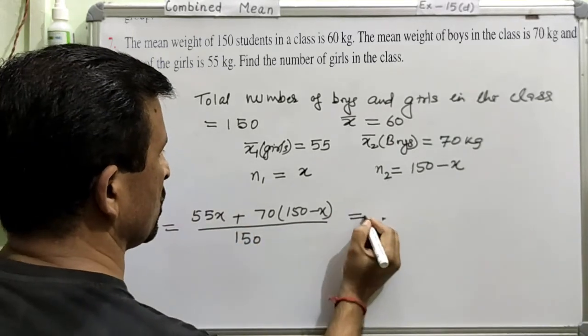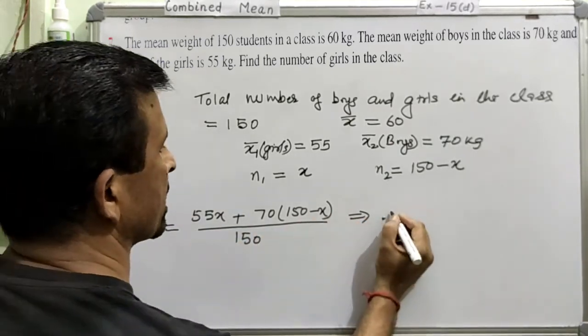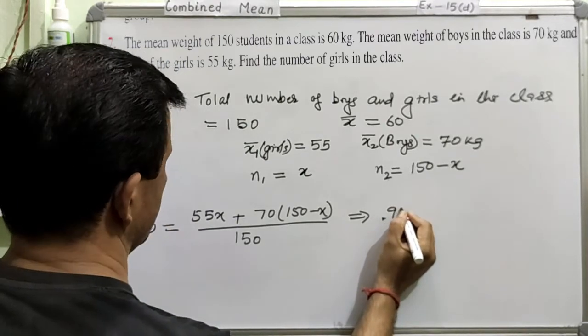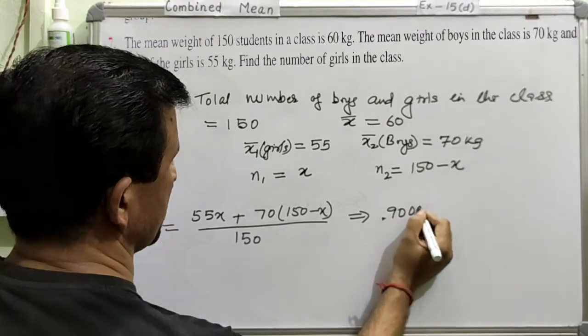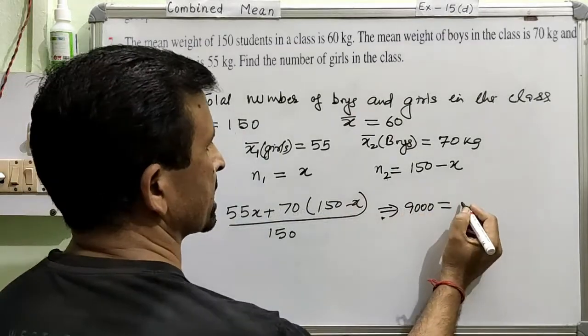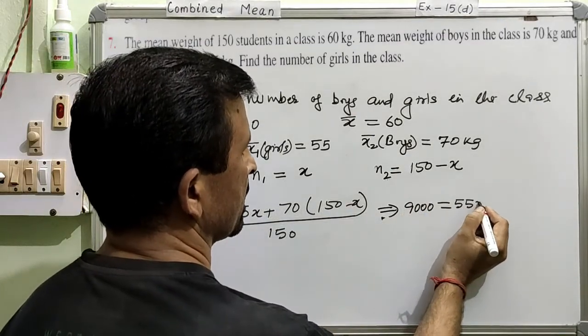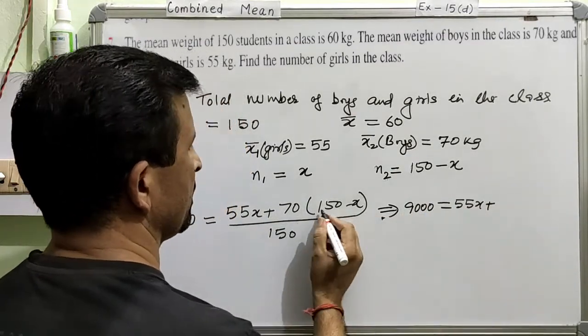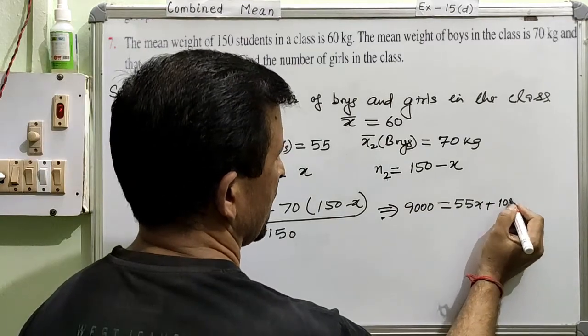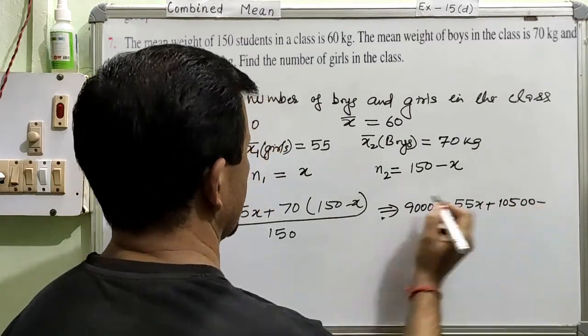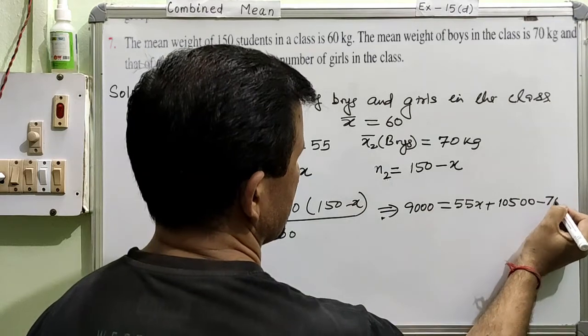So this is equal to 60 times 150, that is 9,000, equal to 55x plus 70 times 150, that is 10,500, minus 70x.